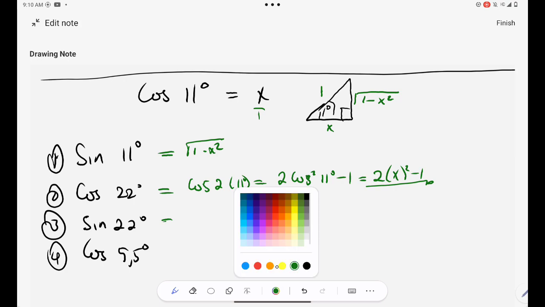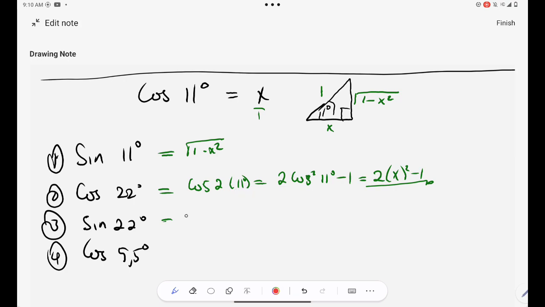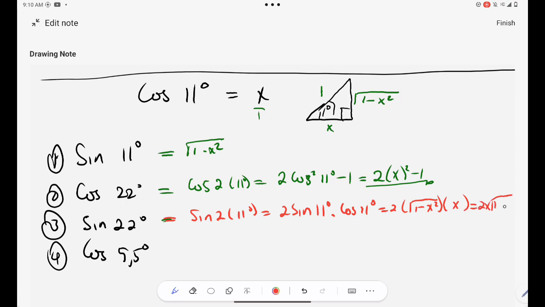And then now for me to find sine 22, this thing can be written as sine 2 multiplied by 11 degrees, right? This is 2 sine 11 multiplied by cos 11, right? Okay, sine 11 is the square root of 1 minus x squared, and then cos 11 is x. So the final answer is 2x multiplied by the square root of 1 minus x squared.